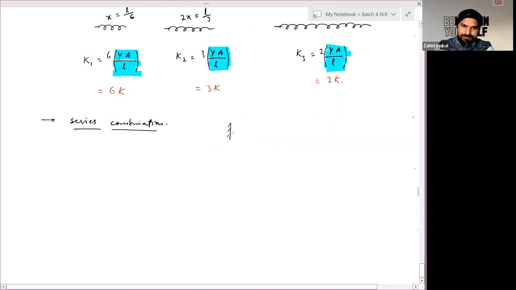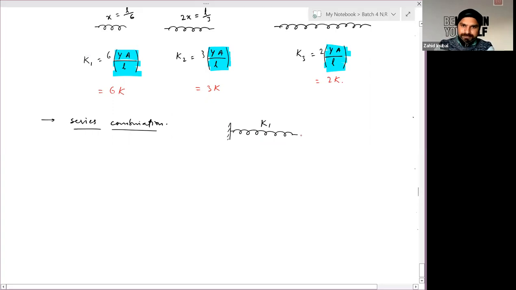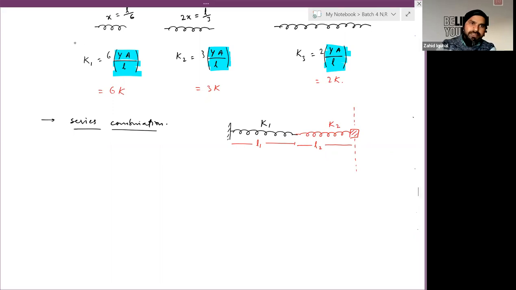Suppose a spring having spring constant K1, another spring constant K2, and its mean position is at this point. Length of this spring is L1. L1 and L2 are their natural lengths when there is no extension or compression.